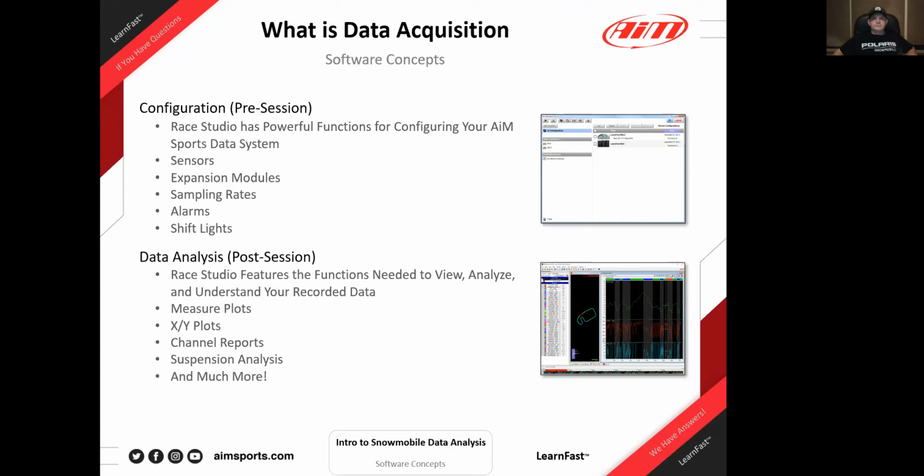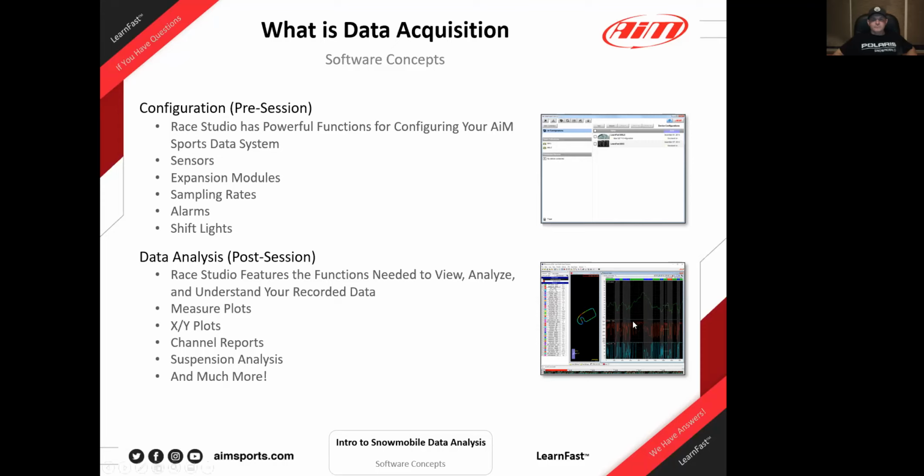In all of our current pieces of hardware, anything you can get now, we use Race Studio 3. Race Studio 3 is shown by this upper picture here. That's where you'll do not only your configuration for your current generation of loggers, but it's also where you do your downloads. And when you get the data off of the logger, we start the analysis process.